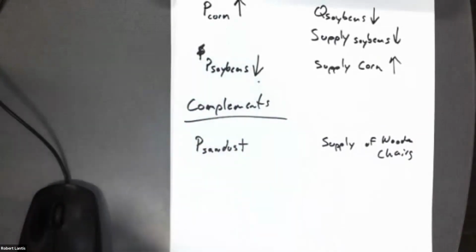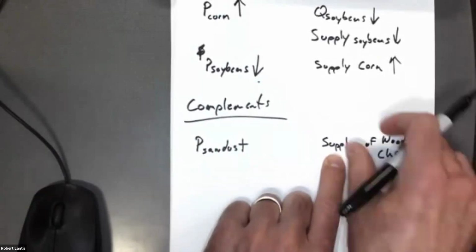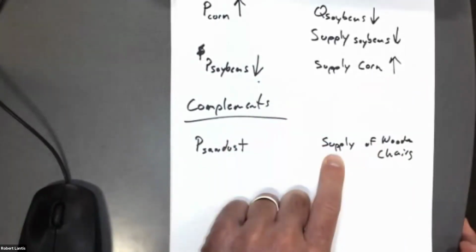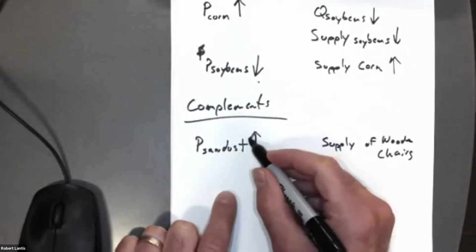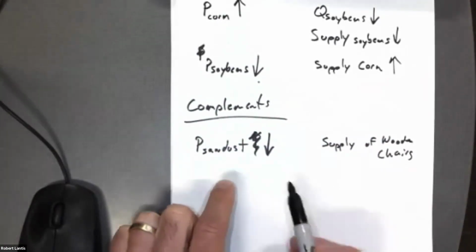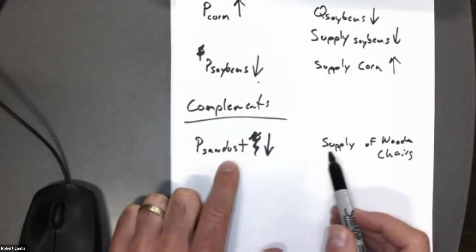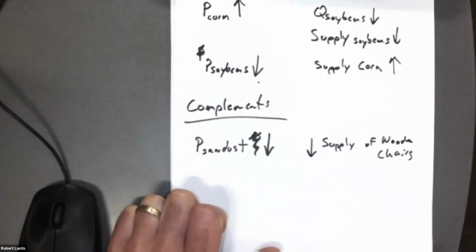So the idea of complements in production is that by producing or supplying wooden chairs, I'm automatically getting a second good as well. If the price of that second good goes down, we'll do this one first, then I just have this worthless byproduct. I'm actually going to be less likely to want to produce more chairs.